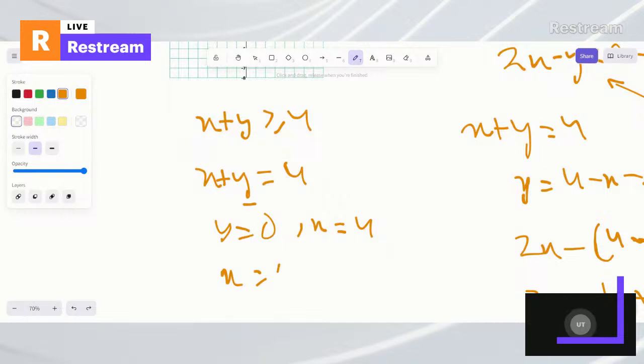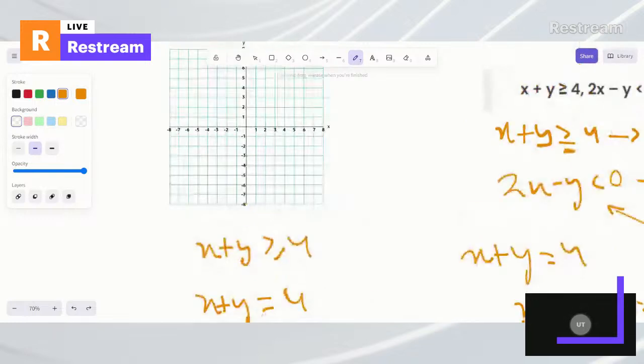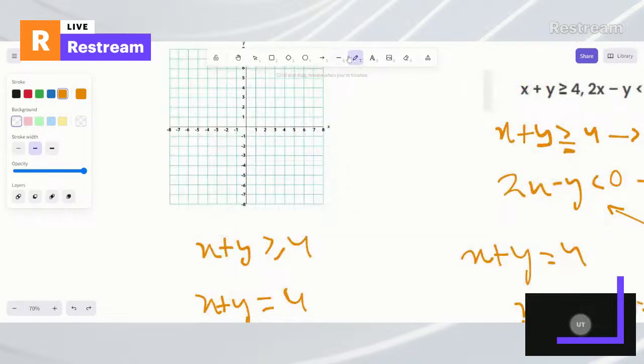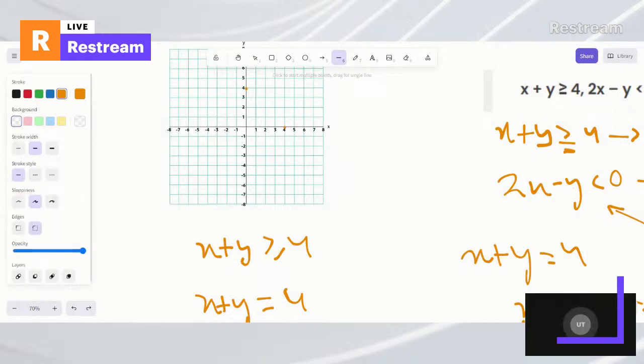And if x equals 0, then I get y equals 4. So I have two coordinates now, 4 comma 0 and 0 comma 4. So this is the line I'm getting.